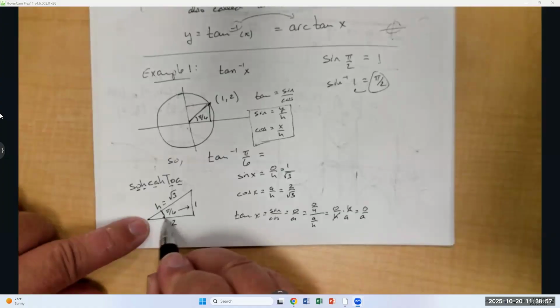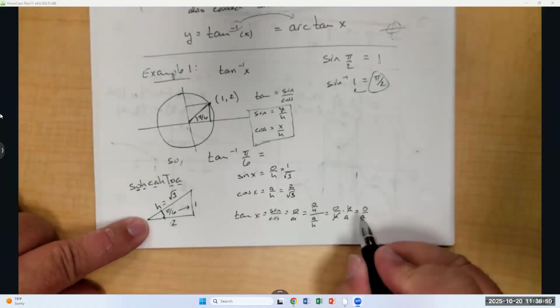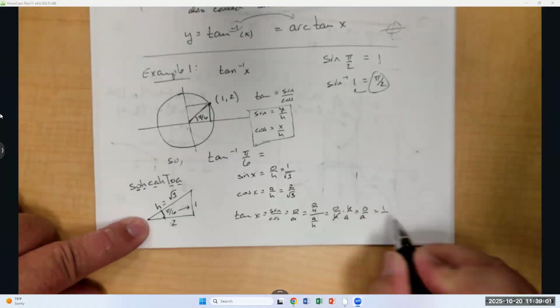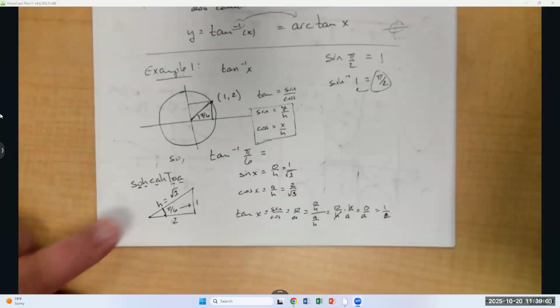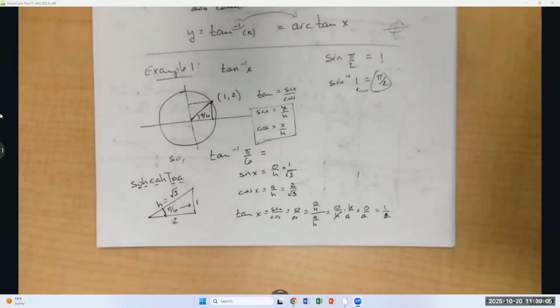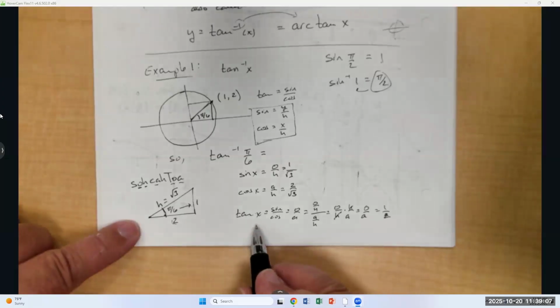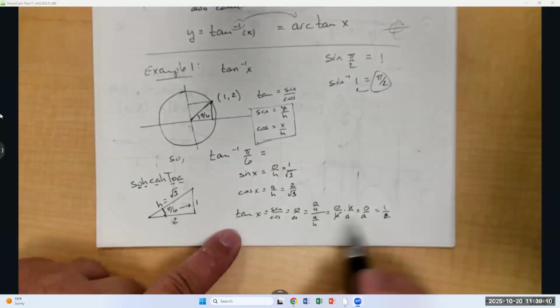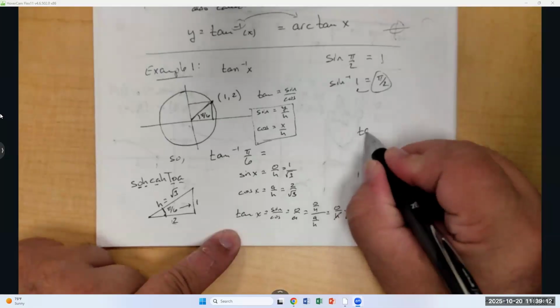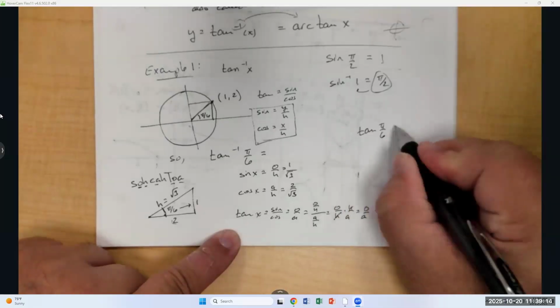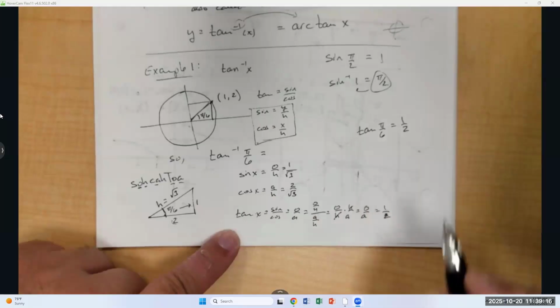So from this angle, the opposite is 1. The adjacent is 2. So the tangent is 1/2. So what this equation says is that the tangent at pi over 6 is equal to 1/2.